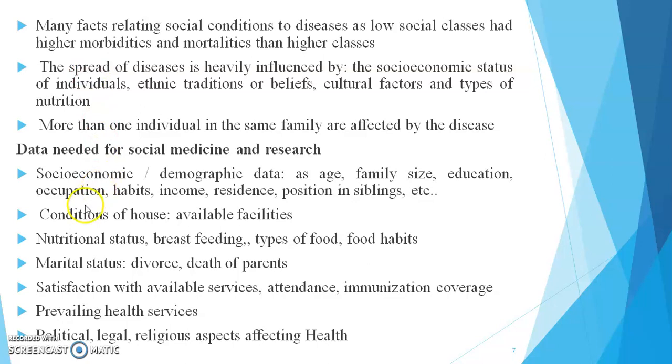Conditions of house. Available facilities in the house are also a part of research. Nutritional status, breastfeeding, types of food they are eating, food habits of the family members, then marital status, whether the persons are divorced or death of parents is there, satisfaction with available services, then attendance, immunization coverage.